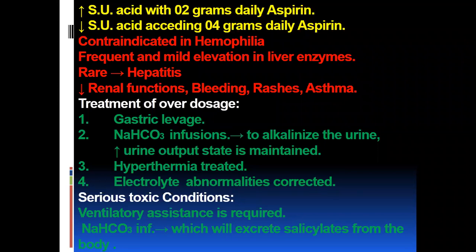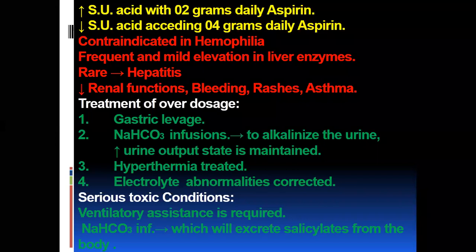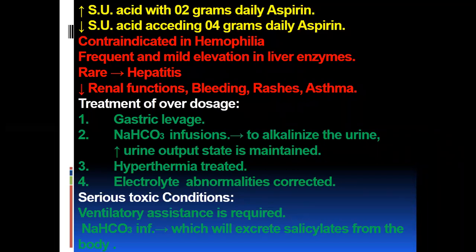Now, it is important to know the treatment of overdoses. That is, first of all, gastric lavage. Then second, sodium bicarbonate infusion, so that urine will be alkalinized because there is already metabolic acidosis. Increased urine output state is maintained. Then number three, hyperthermia, the temperature should be treated.